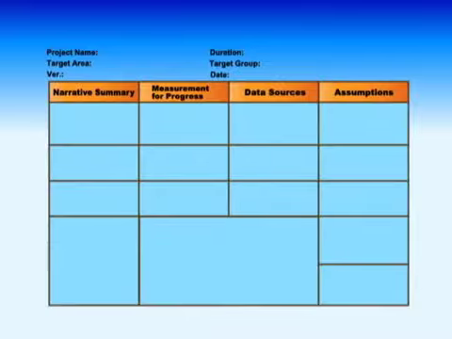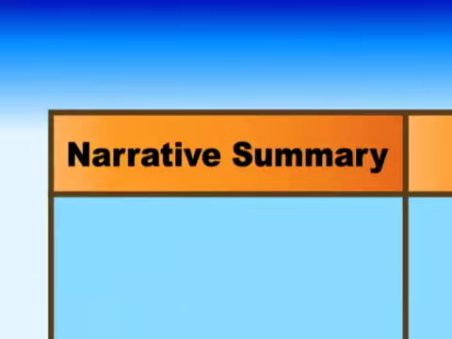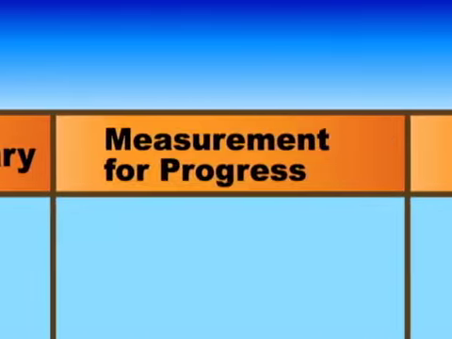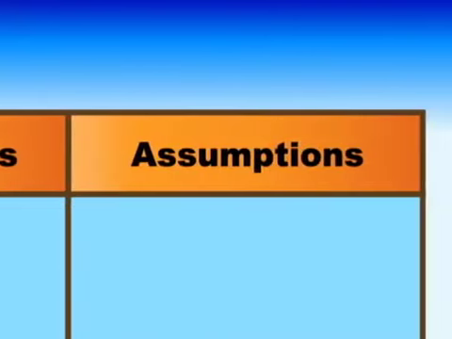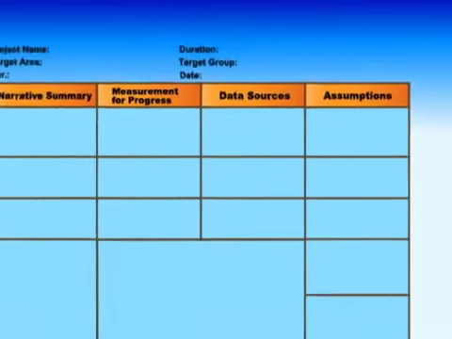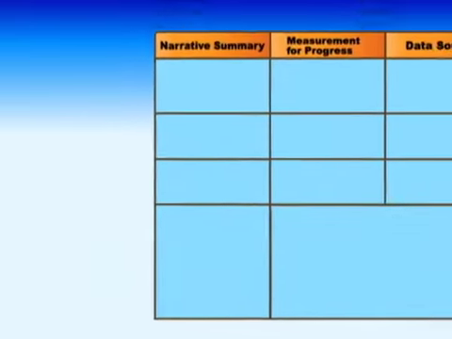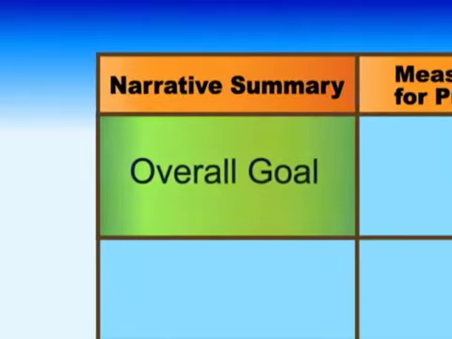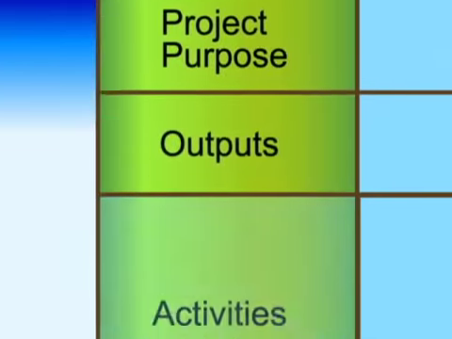There are 4 rows headlines, which are left to right. 1. Narrative summary. 2. Measurement for progress. 3. Data sources. And 4. Assumptions. There are also 4 columns which are, from top to bottom, overall goal, project purpose, outputs, and activities.